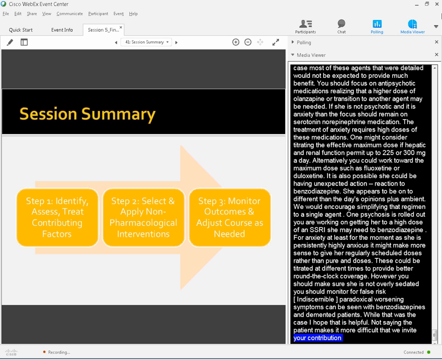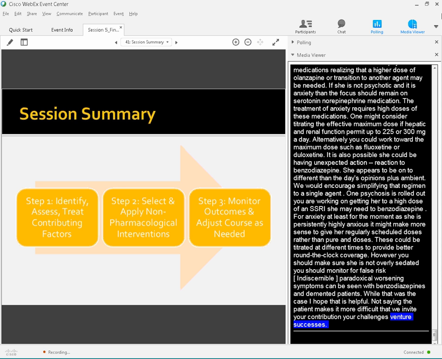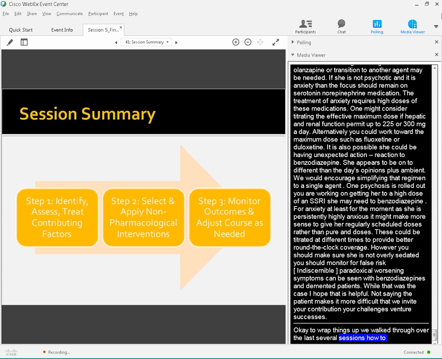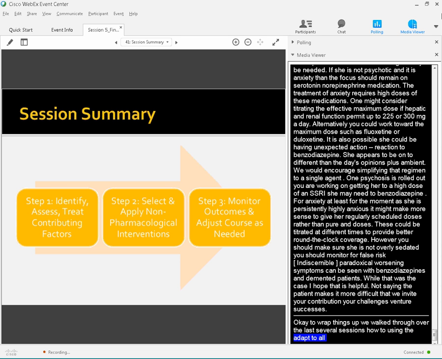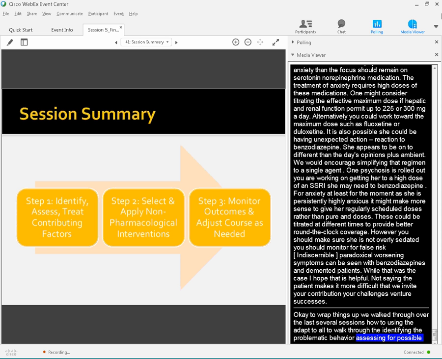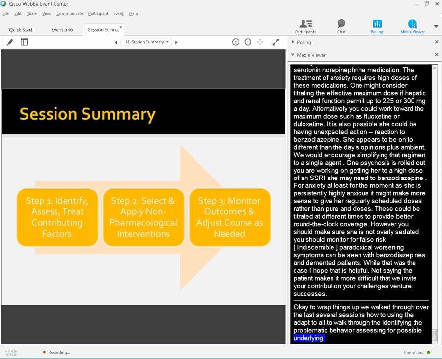Okay, and so just to wrap things up, we've walked through over the last several sessions how to use the ILO app tool to walk through identifying the particular problematic behavior, assessing for possible underlying causes of that behavior, looking at unmet physical needs, psychological needs, environmental causes, or possible underlying psychiatric issues.